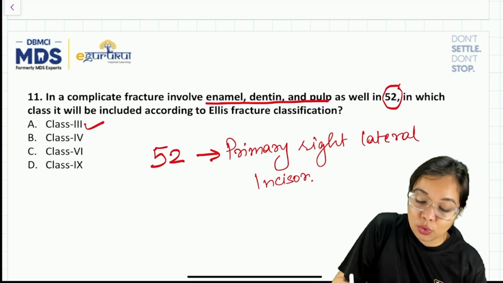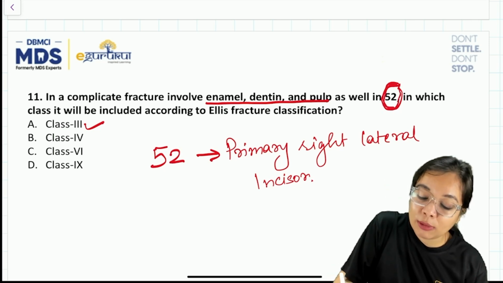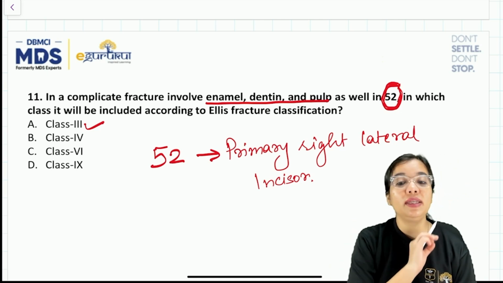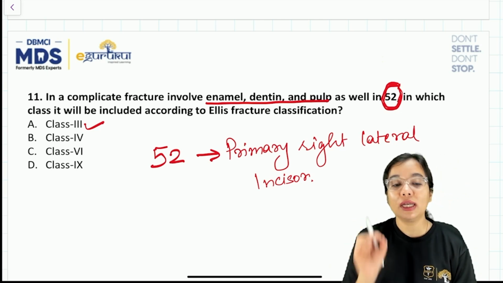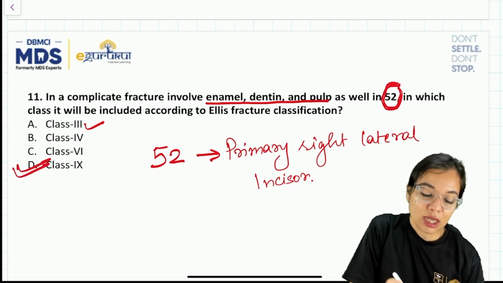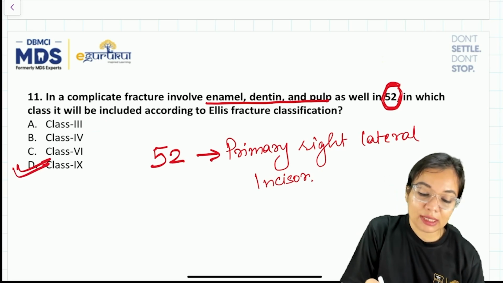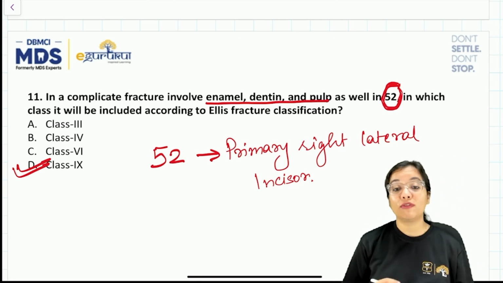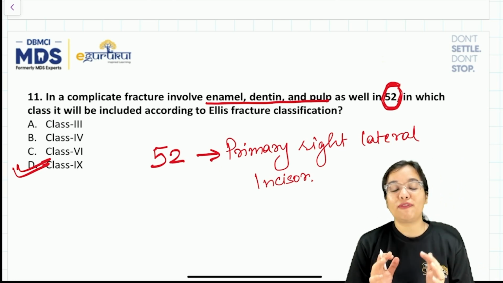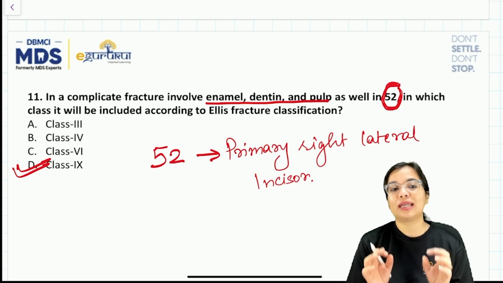They've given you a tooth number 5-2, which means a primary tooth, and any sort of fracture in a primary tooth is class 9. So the answer here is not A but D, that is class 9, because they've given you a primary tooth in question. Any type of fracture in a primary tooth is class 9.